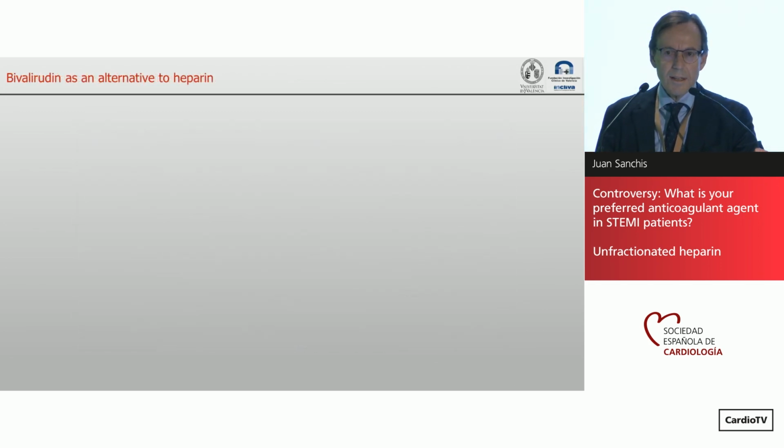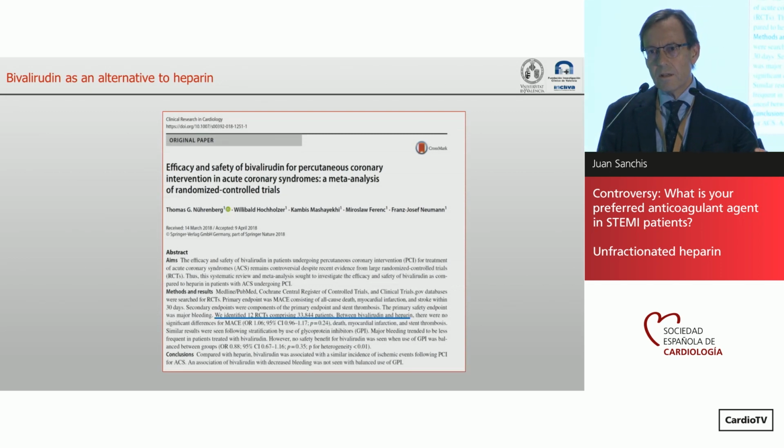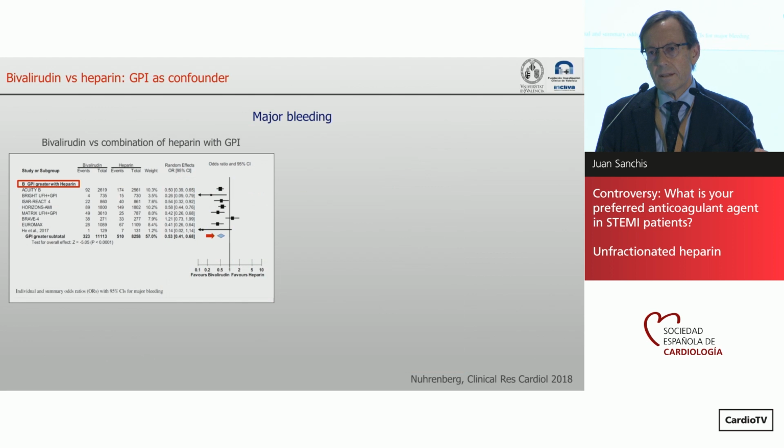Bivalirudin is an alternative to heparin. This meta-analysis included 12 randomized trials comparing bivalirudin with heparin. In these trials, the asymmetrical distribution of GPI use makes the comparison between bivalirudin and heparin a bit confusing.